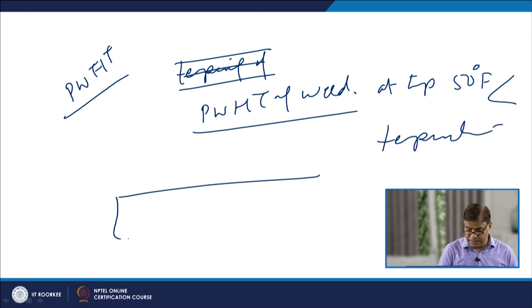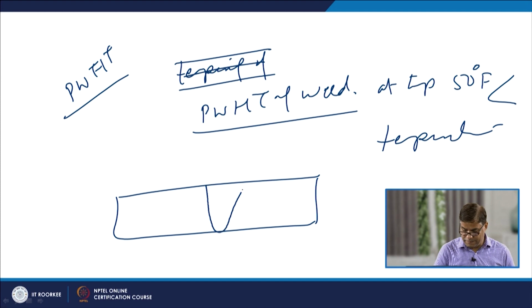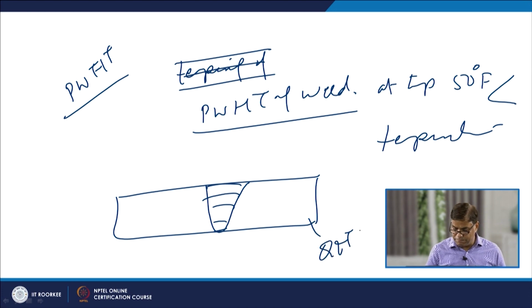Why? Because say this is the weld joint, these are the plates and this is the weld joint which has been made, and this is the steel which has been quenched and tempered. Say tempering has been carried out at 550 degree centigrade. So, the base metal will have the properties corresponding to the quenched and tempered condition at 550 degree centigrade.